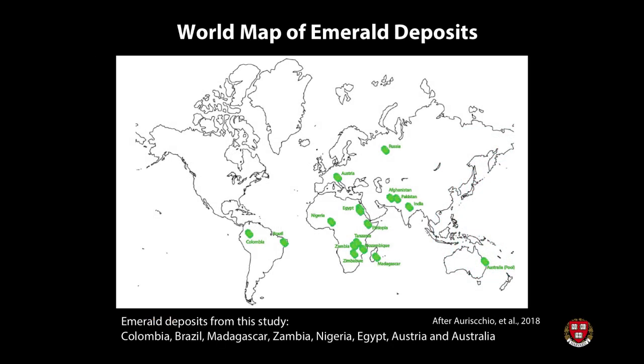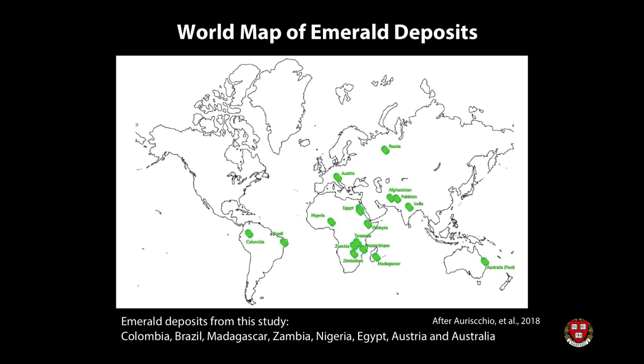Now, currently, there are around 20 gem quality emerald deposits in the world. Although not described in here, but mentioned this morning, we have the ones in Canada, in the Yukon, but also in North Carolina, the green beryl, and in Norway.